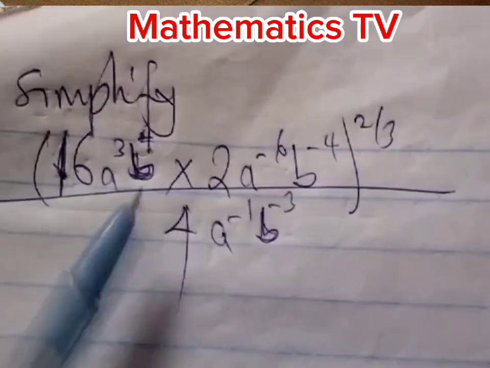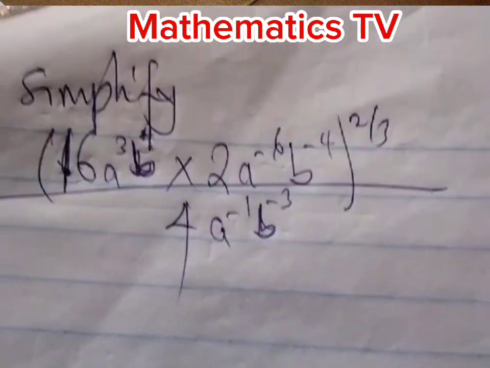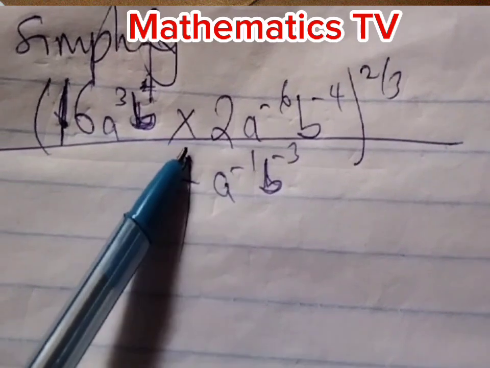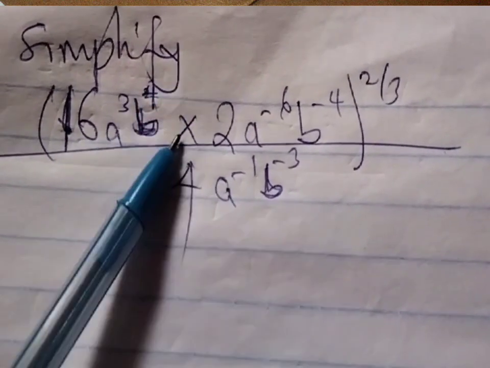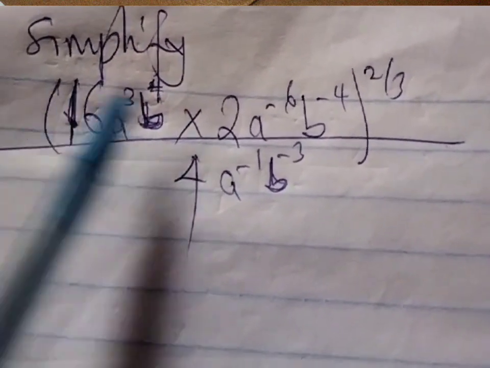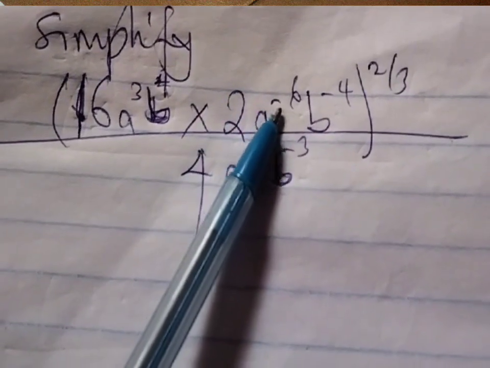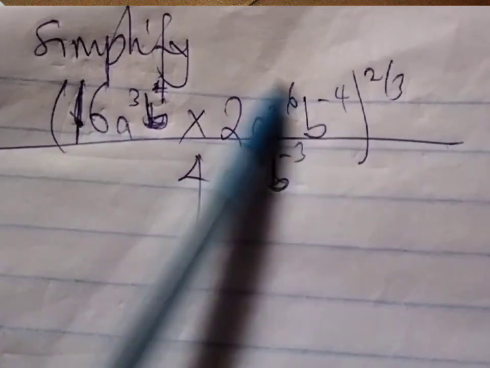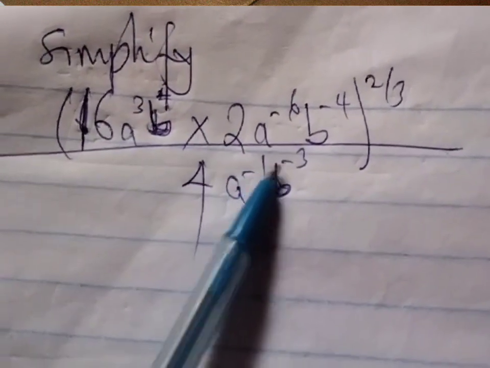All right, the question before us is called an indices question, and the multiplication you are seeing here, if we follow the rules, is called the multiplication law. Then you have minus 6 and minus 4, which we call negative index form, following the rules in my previous class.